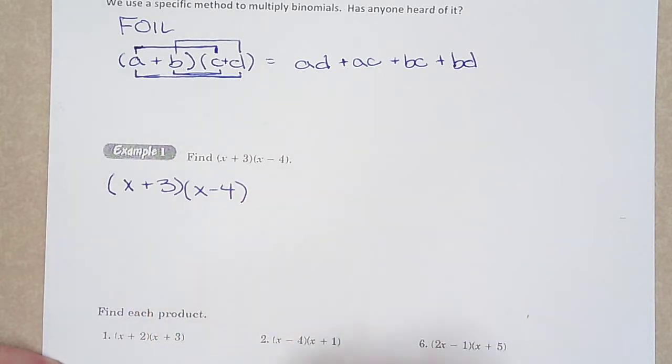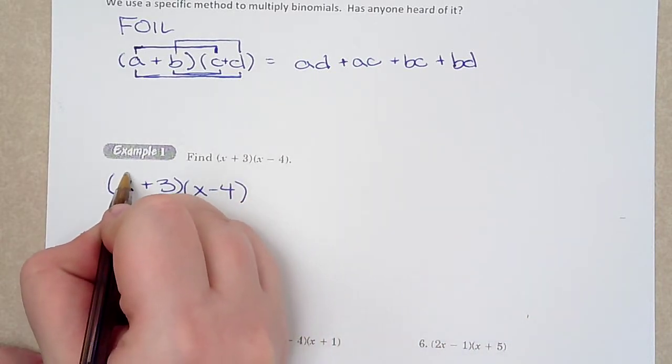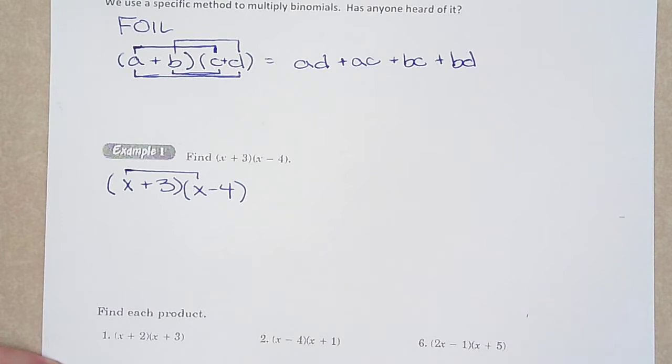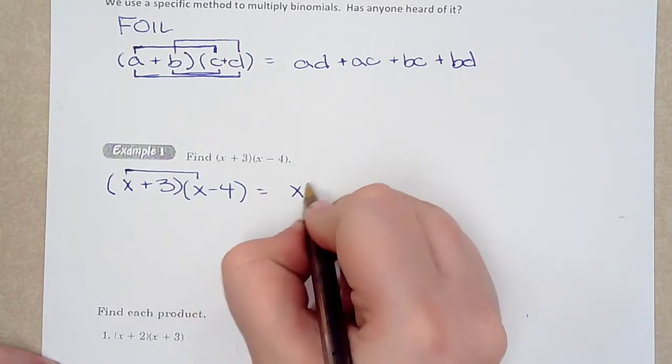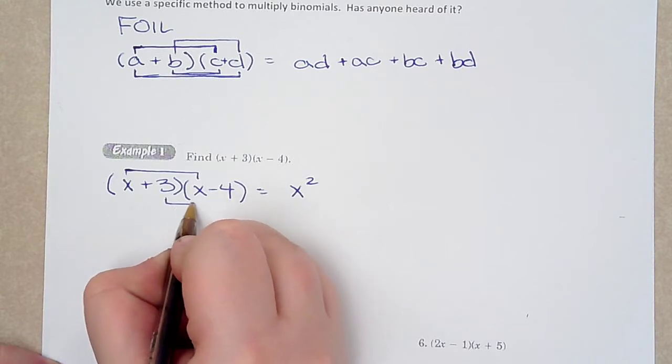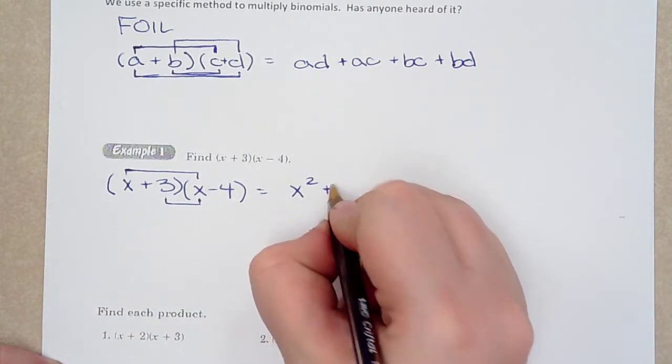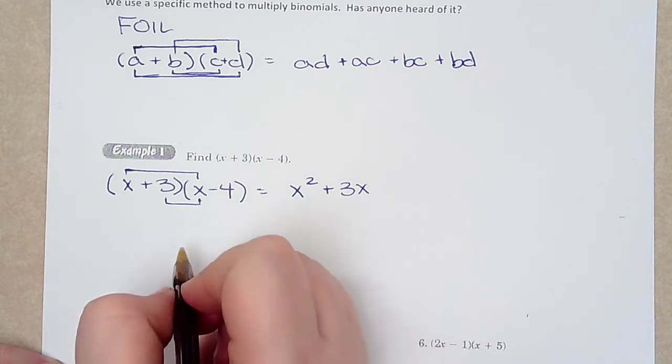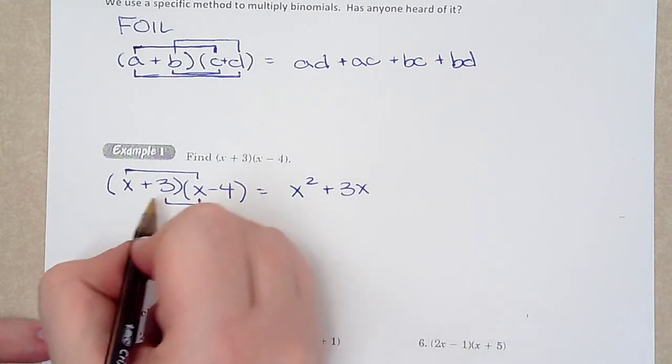X plus 3 times x minus 4. So it indicates that I do first times first. Well, x times x is going to be x squared. Next, I'm going to do my inside terms. It's going to be my 3 times x, so plus 3x. Now I'm going to do my outside terms.